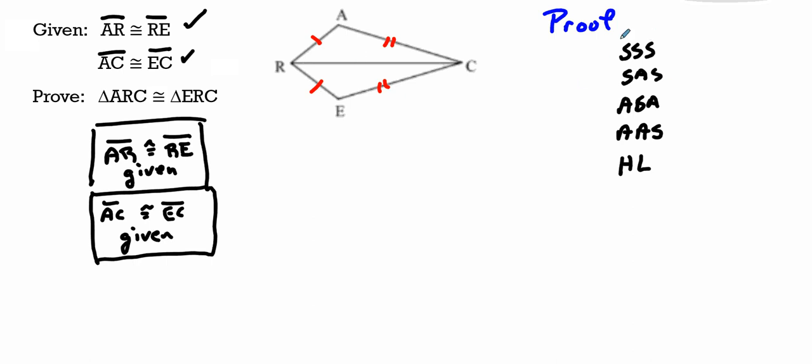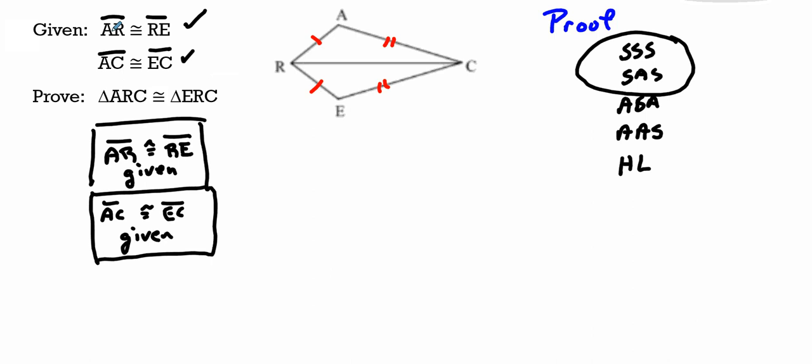As I'm looking at this based on the given, I'm asking, can I make either of these work? Because I've got two sides marked in each triangle. Can I get to either side-side-side or side-angle-side? Well, I don't see anything, based on the information that we have either in the given or in the picture, that would allow us to say anything about angles. Maybe at some future point in the class we will, but for right now I don't think we can.